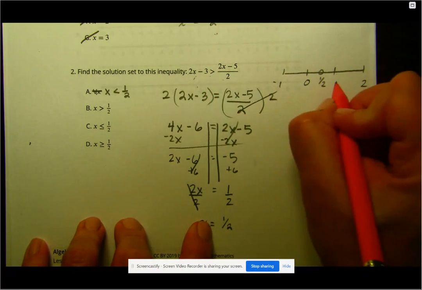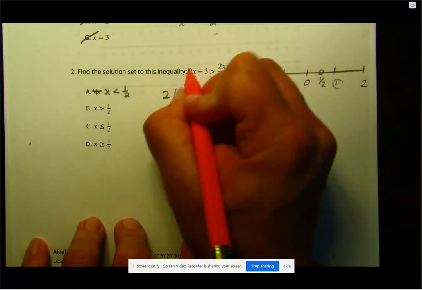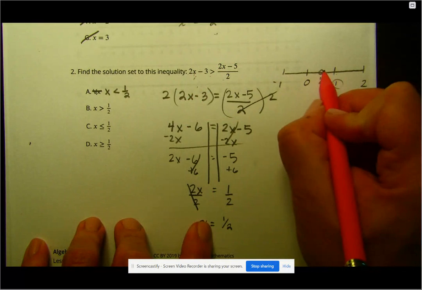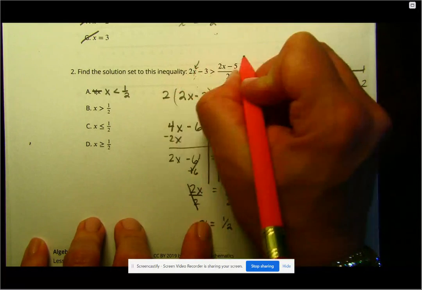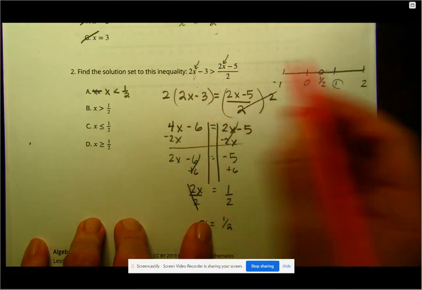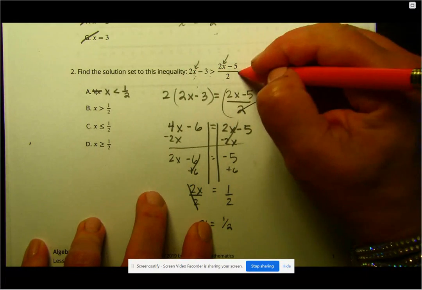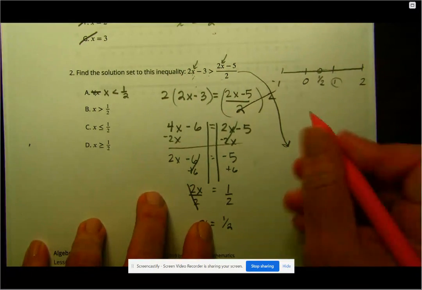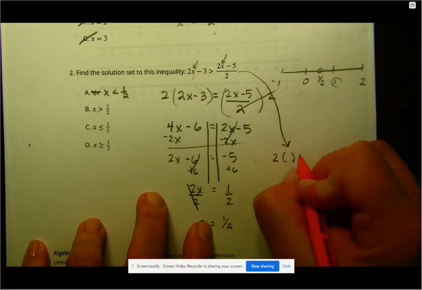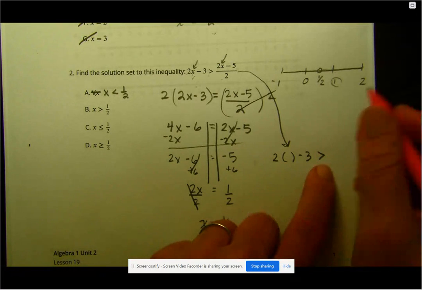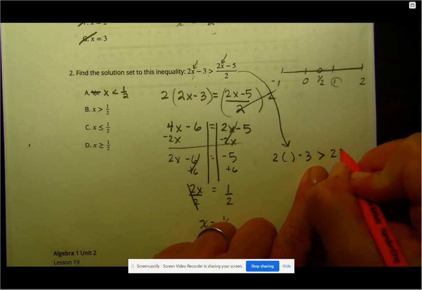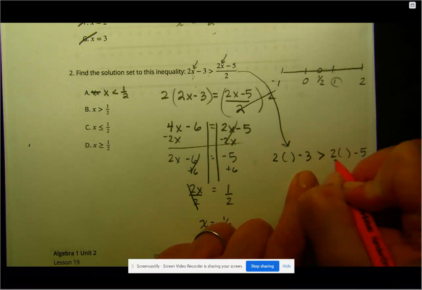So let's plug in 1 and see if it works in this inequality. Does 2x minus 3 come out greater than 2x minus 5 divided by 2?